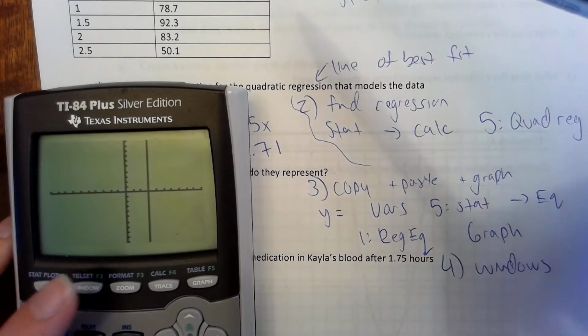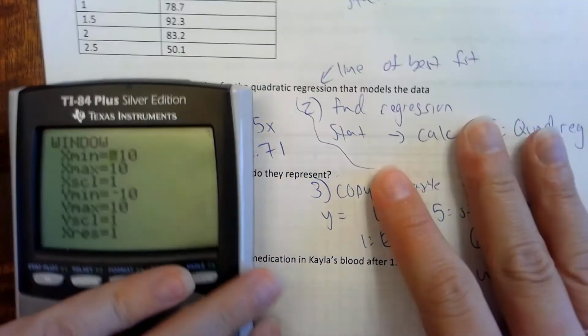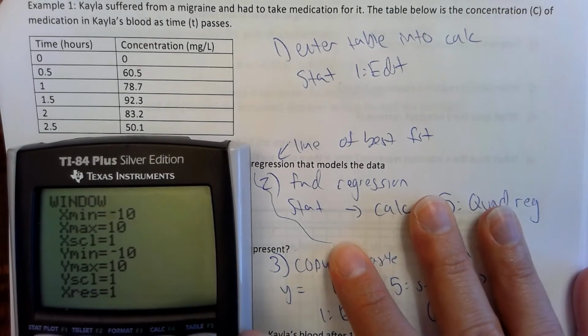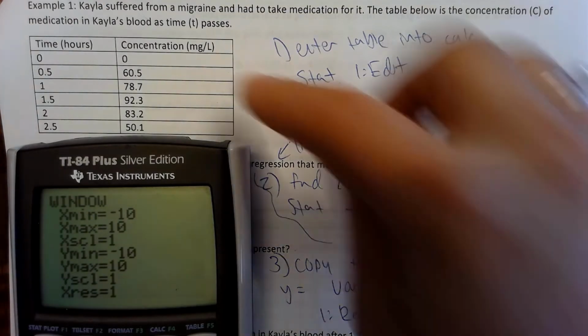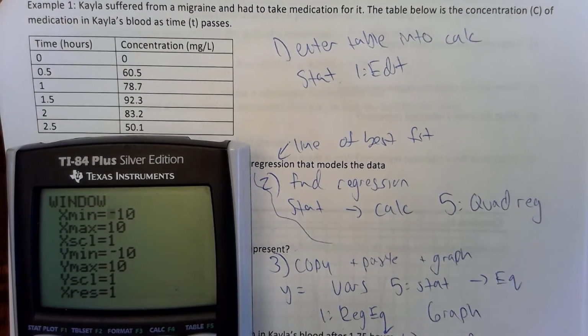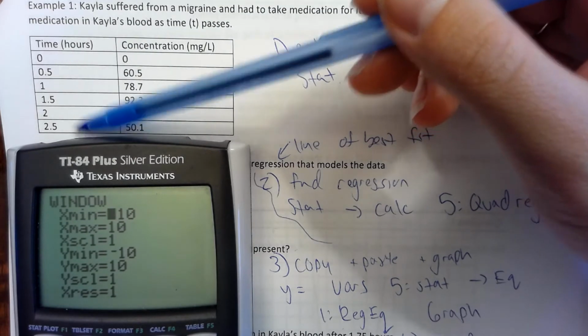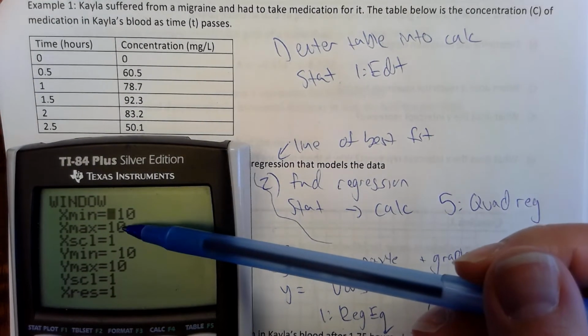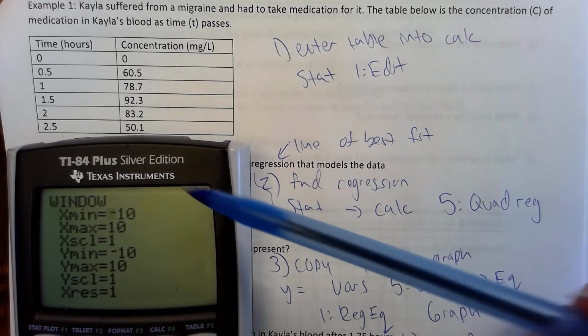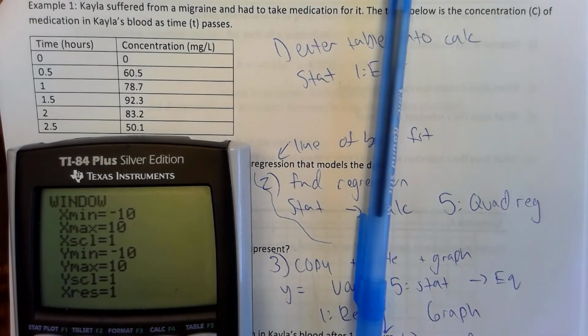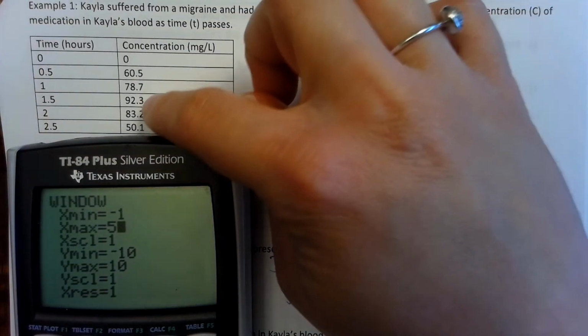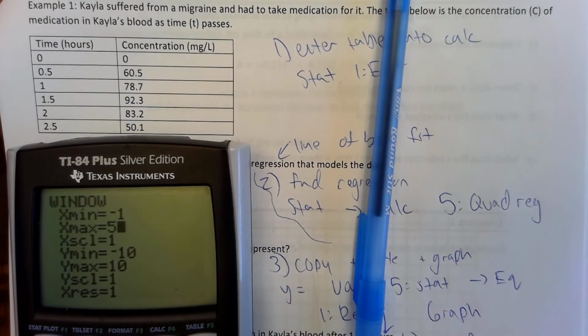So going to window right here, let's adjust our X a little bit. I'm going to make my window a bit bigger than what this is, just in case I need that. So X starts at 0 and goes up to 2.5, but let's make it a little bit more inclusive than that. Let's go like -1 to 5 maybe, just to make sure we have everything included.